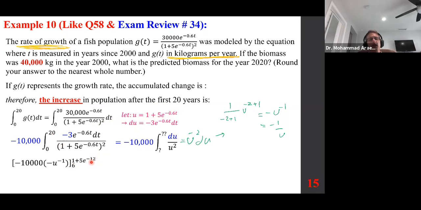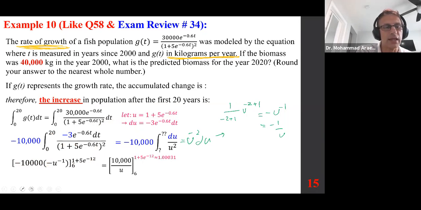So with that being the case, we can say, and don't forget that there's a -10,000 in front. -10,000 and negative becomes +10,000 divided by u, or +10,000 times 1 over u. Let me write it in that format also. This part is the same as saying 10,000 times 1 over u.